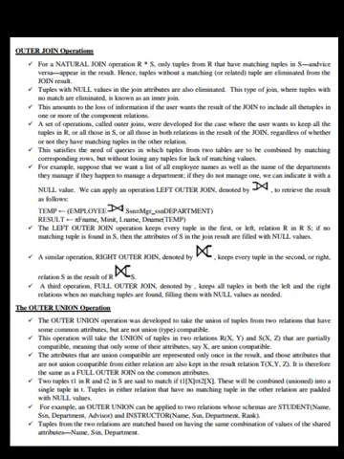The attributes that are union compatible are represented only once in the result, and those attributes that are not union compatible from either relation are also kept in the result relation T of x, y, z. It is therefore the same as a full outer join on the common attributes.